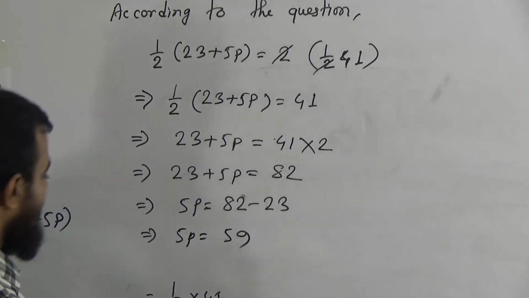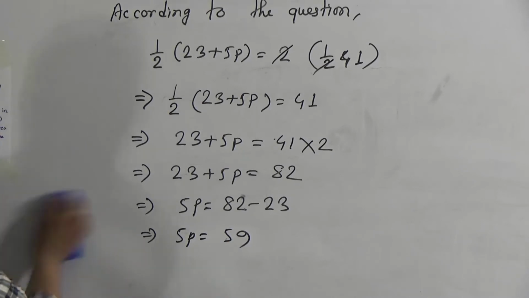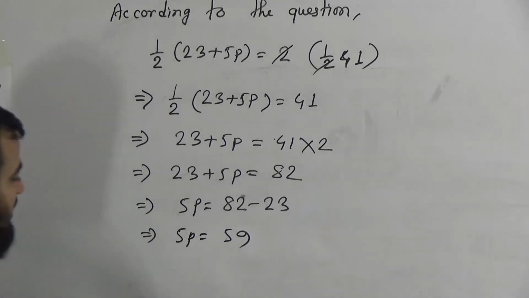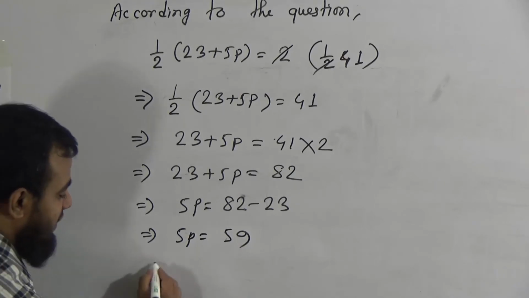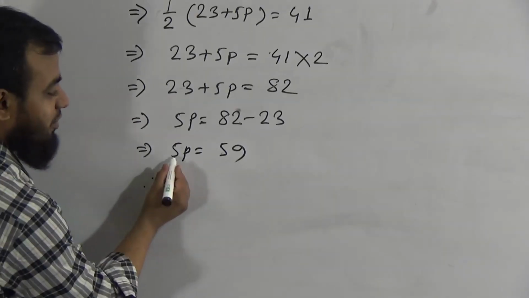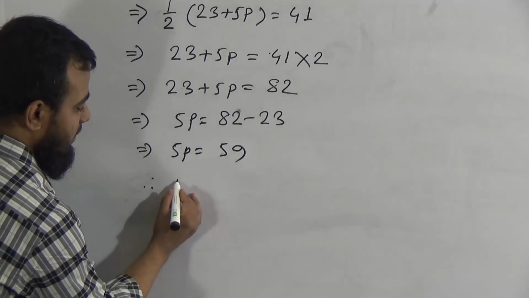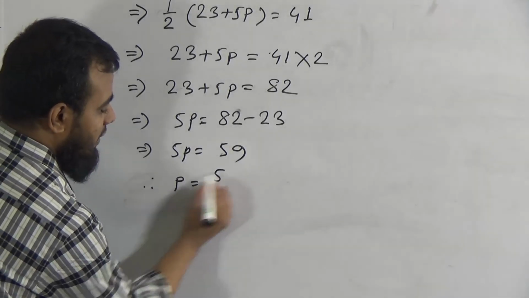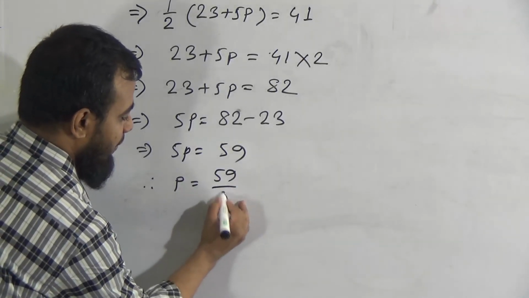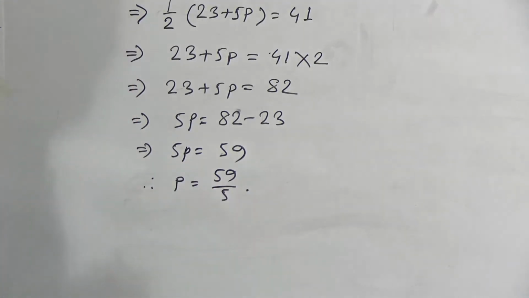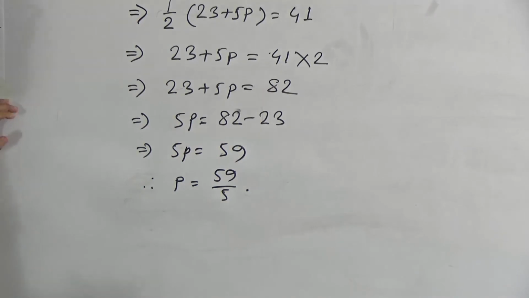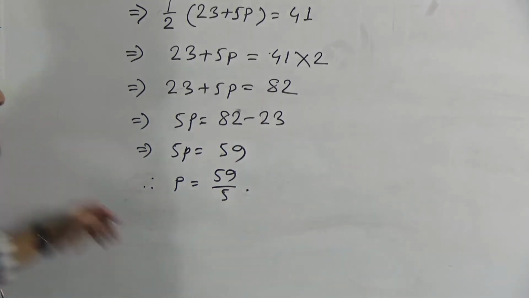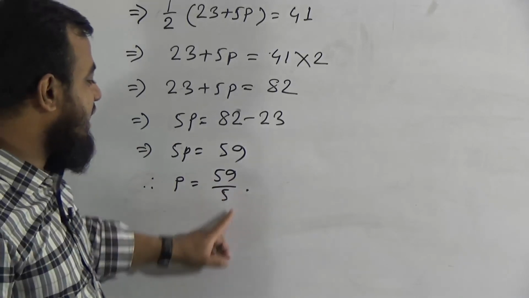If we wish to find the value of p, we need to transfer this 5 to the right side, and it will divide 59, so p equals 59 by 5. It is our required result of p. That means if the area of the quadrilateral is twice the area of the triangle ABC, then the value of p will be 59 by 5.